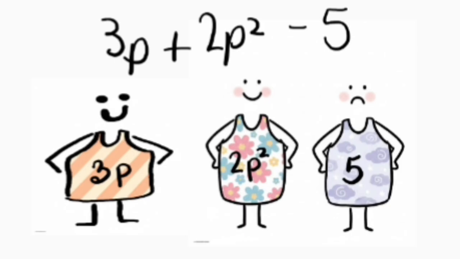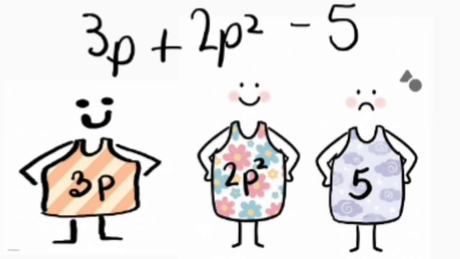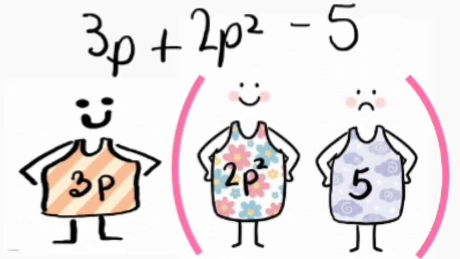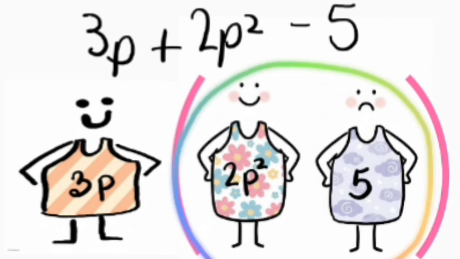All right, so let's do something with that. What if I took that polynomial and put a grouping symbol between them? Now, that divides that polynomial into 2 separate families. What type of polynomial is in parentheses now?